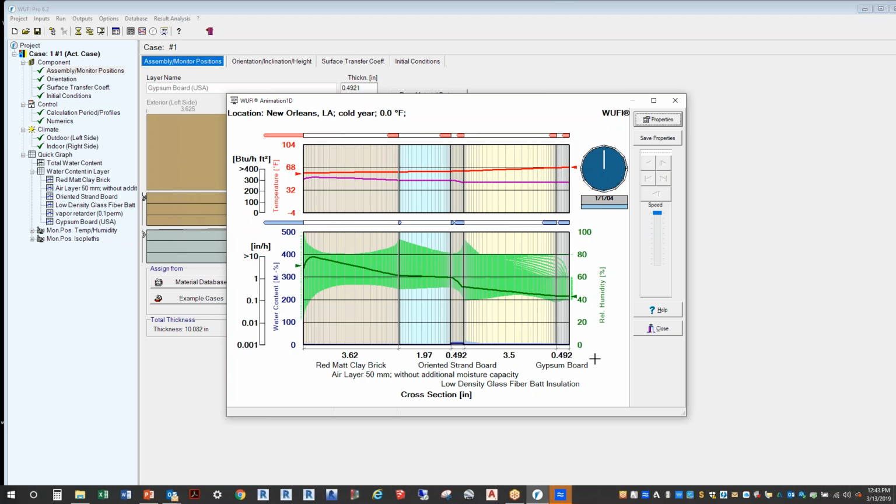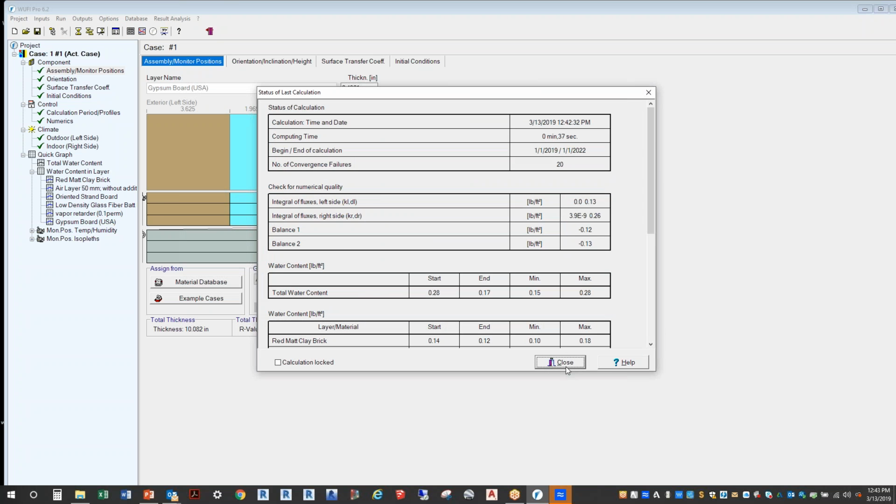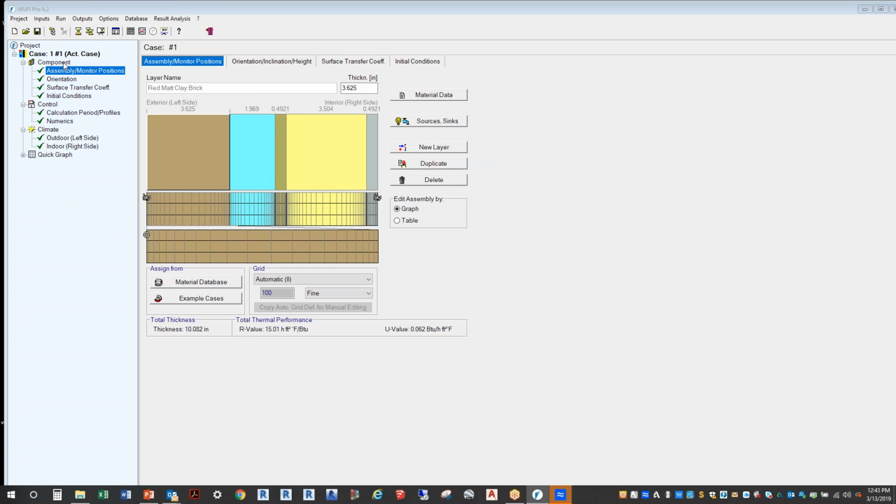Do the hotel. Yeah, put the vapor retarder on the face of the gyp, inside the face. We want both, right?